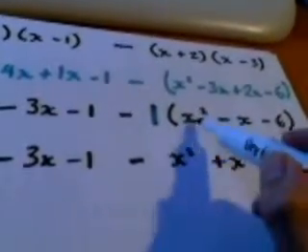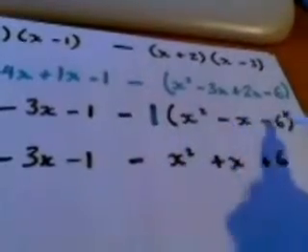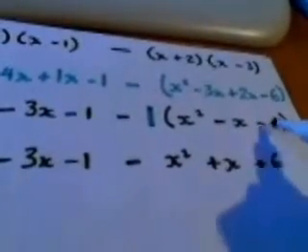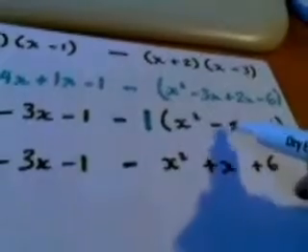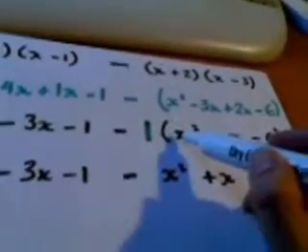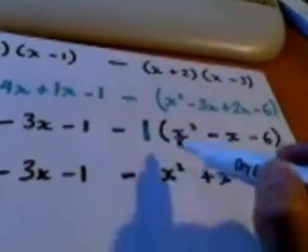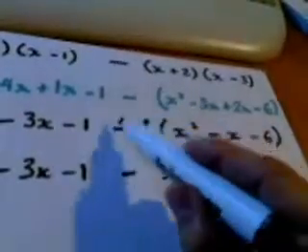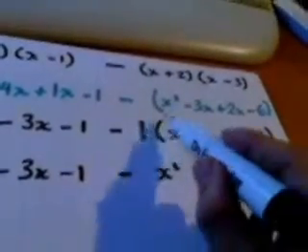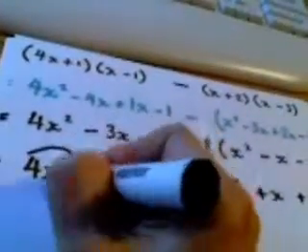And you'll notice what has happened here is the signs on each part of the expression have altered. This minus 6 became a plus 6, minus x became plus x, x squared became minus x squared. That's the effect of having a minus outside the bracket, and I wanted you to understand why that was the case. So now we just need to collect our like terms together.